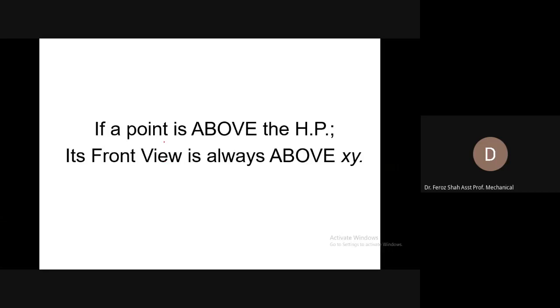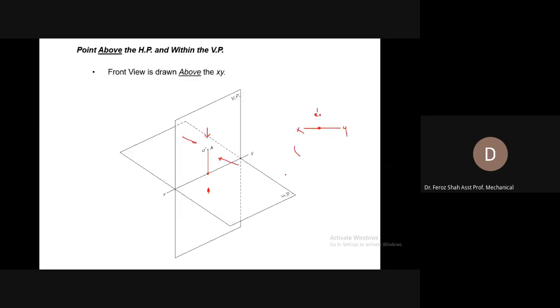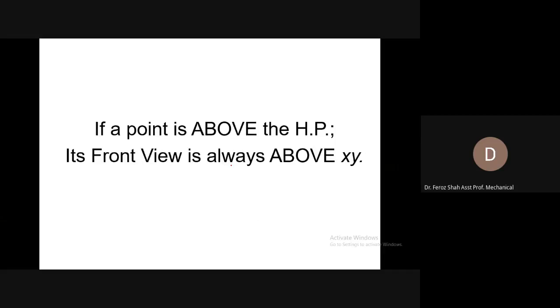If a point is above the horizontal plane, its front view is always drawn above the XY reference line. We have seen in all the cases, the front view was coming above the XY reference line when the point was above the horizontal plane.